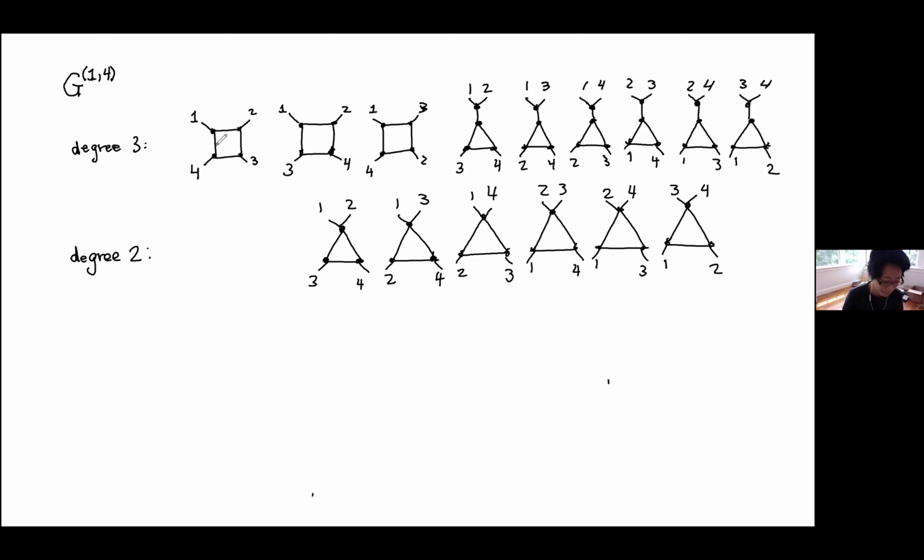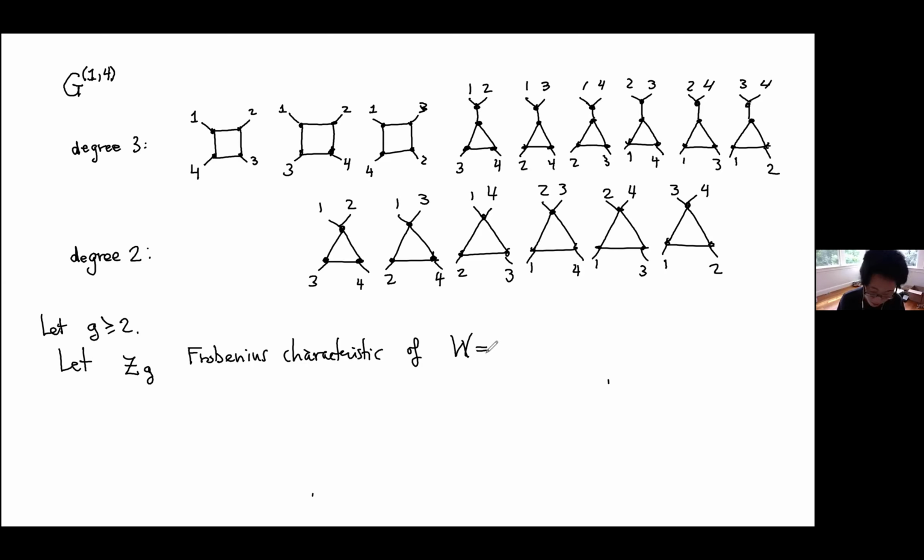And so what we're interested in is, let's fix g. I'll fix g at least 2. And let Z_g denote the Frobenius characteristic, in the sense we defined last time, of the sequence of S_n-equivariant Euler characteristics of the graph complexes G^{g,n}.